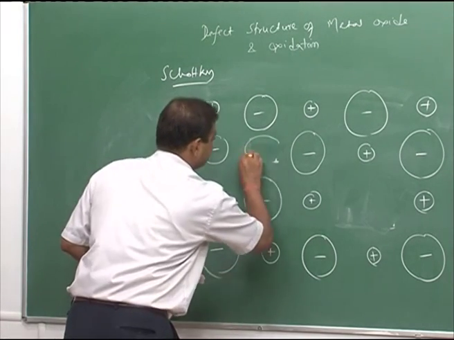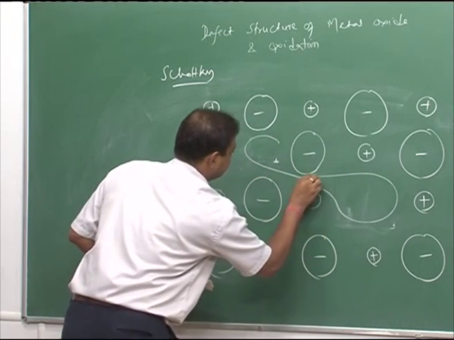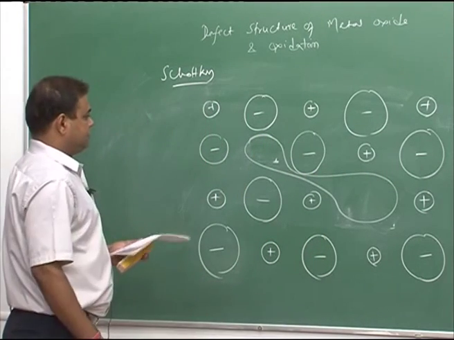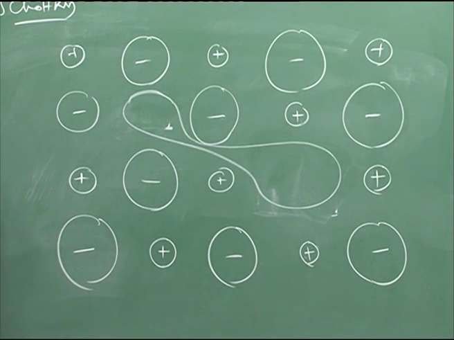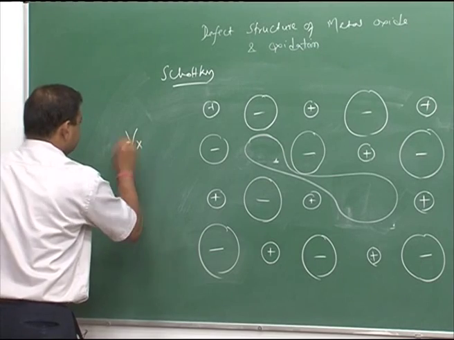So, the defect is basically that you have vacancy of cation and vacancy of anion.